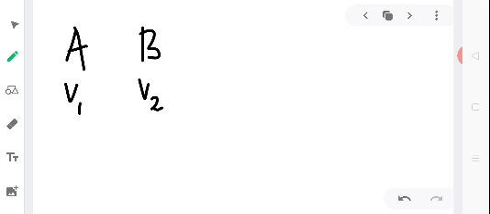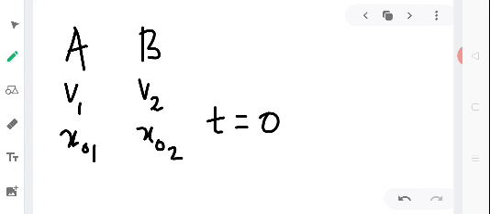Let x01 and x02 be their displacements from the origin at instant t equal to 0. So these are the displacements of the objects A and B respectively at time t equal to 0.